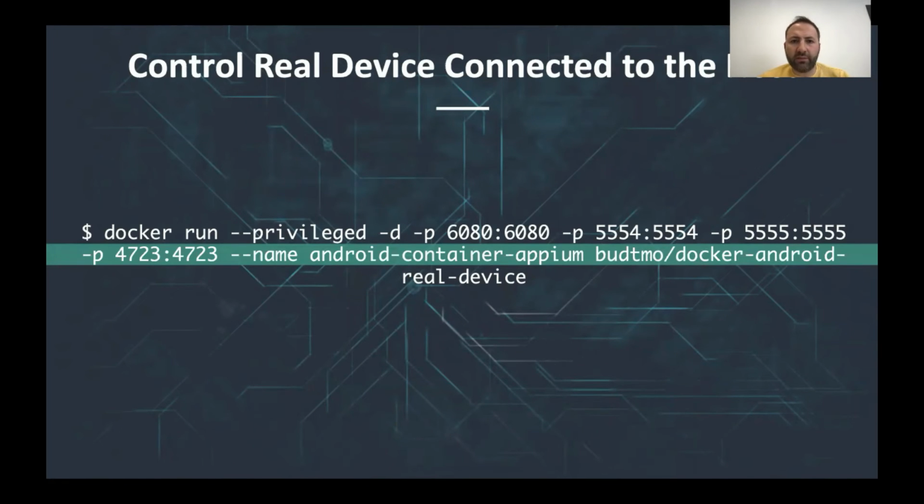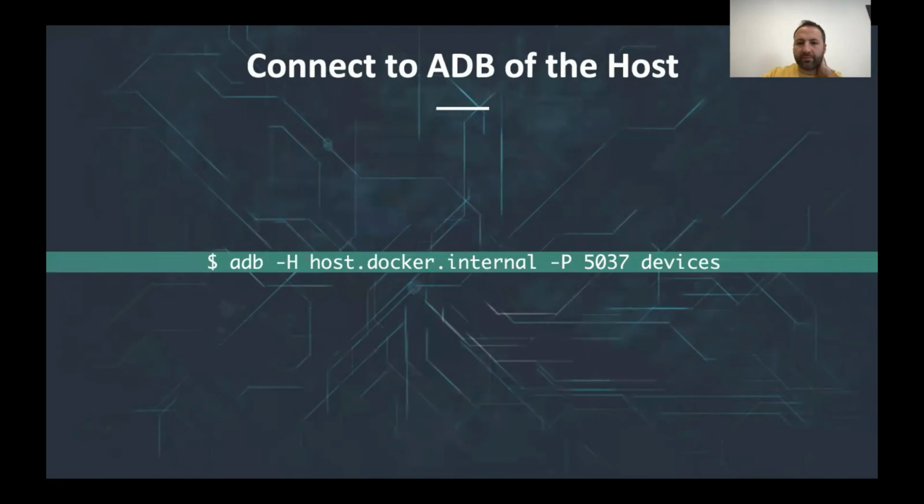To control a real device connected to it, we can run the command, but we need to run with the image docker-android real device. This will create a place for the real device, and then you can connect your real device, and it will be next to this emulator.